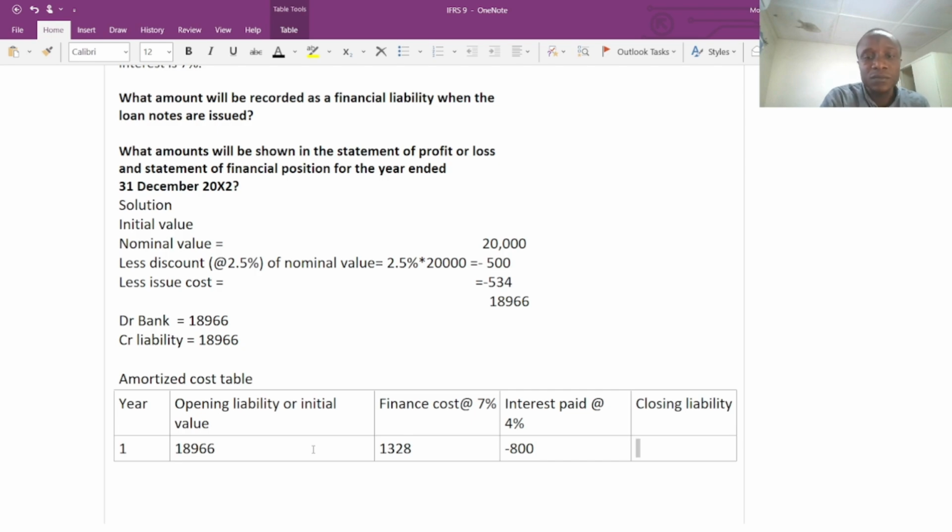Don't forget: 18,966 plus 1,328 minus 800 gives us 19,494. Very important concept for you to note, I'm going to repeat it: the interest payment, the cash that we are going to pay, will be on the nominal value.